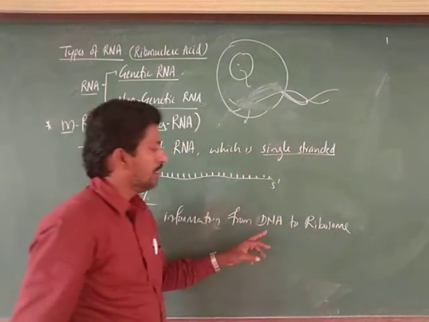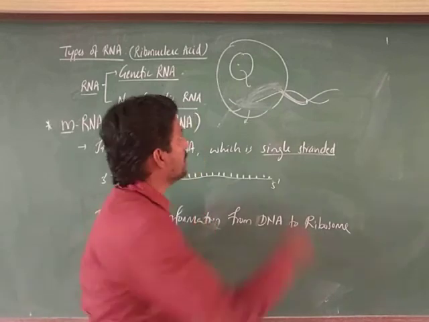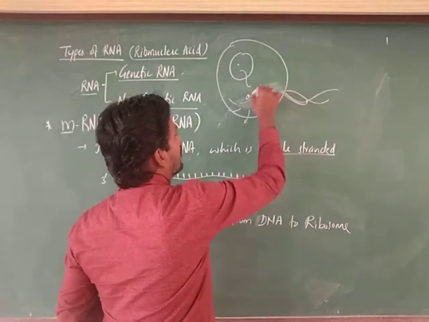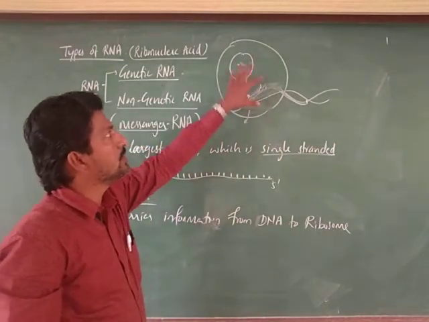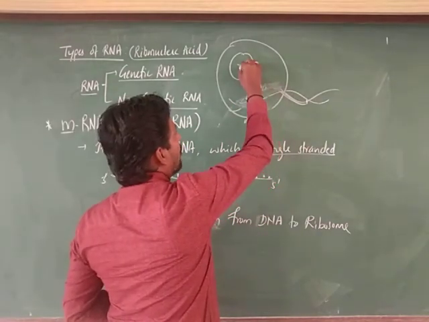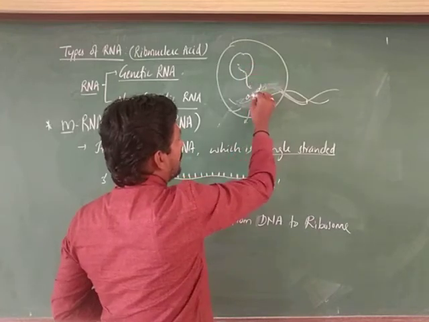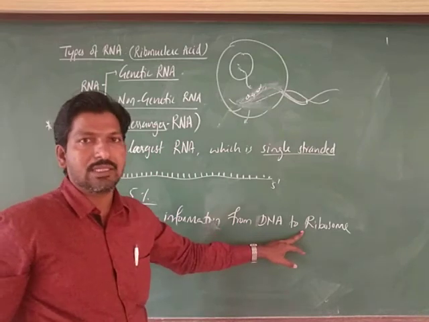As I explained, the ribosomes are the site of protein synthesis. Here the ribosomes are there on the endoplasmic reticulum, right? So it will copy information as mRNA, and it will come out and reach the ribosome where protein is synthesized.